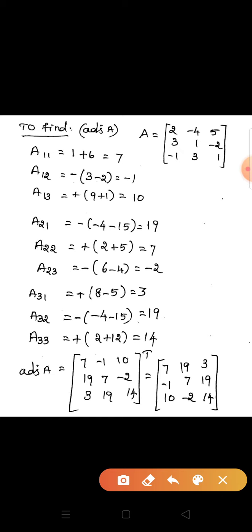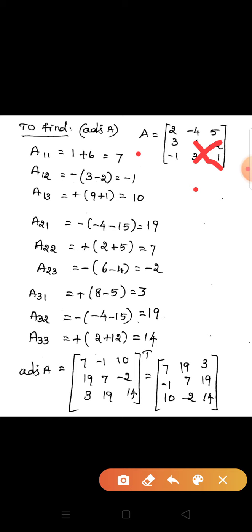Next we are going to find adjoint A. How do you find adjoint A? Here A is equal to 2, -4, 5; 3, 1, -2; -1, 3. First we calculate the cofactor of A11. A11 is, cross multiplying, 1 plus 6, that is equal to 7.